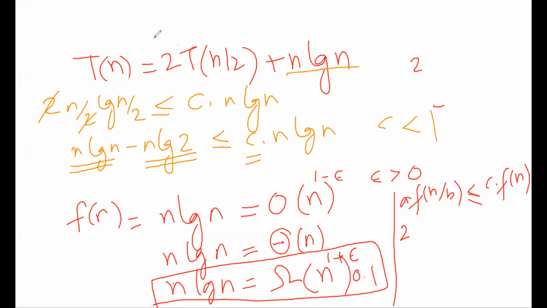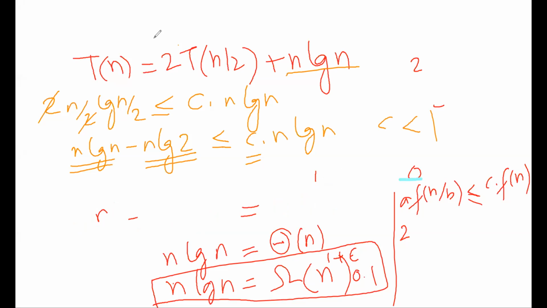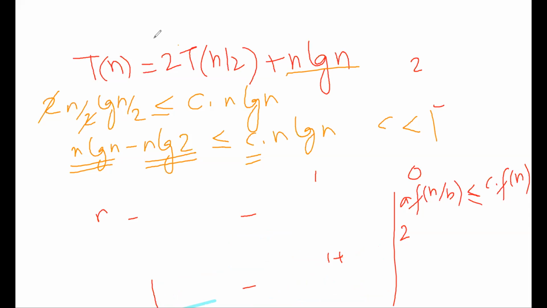So let's say if c is 0.9, for example, that's the highest you can take, and for n I'll put a sufficiently large value, let's say 2 to the power 10.